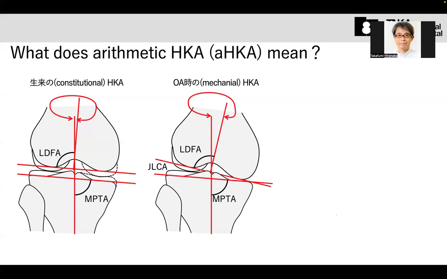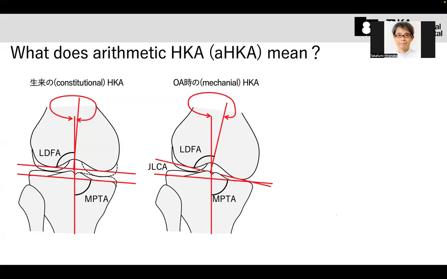On the other hand, if the patient has arthritis, the medial cartilage has gone. So the femoral and tibial joint lines are not parallel to each other, and it forms the joint line convergence angle, so-called JLCA.